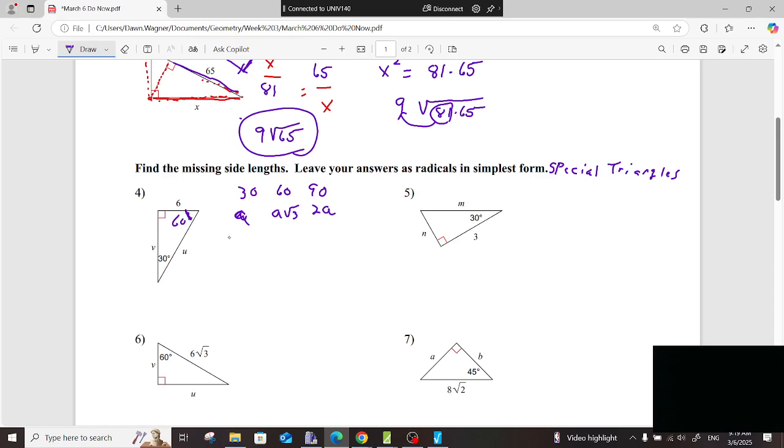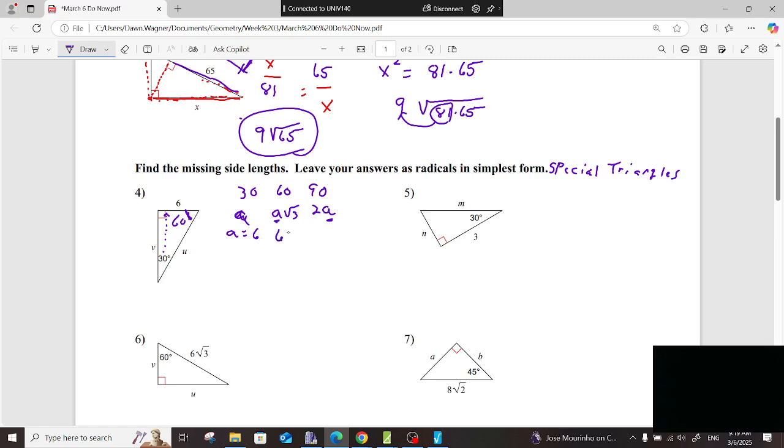So, what am I given? I'm given across from the 6, or the 30, right? Whenever you are given across from the smallest side, we can just end up substituting. You don't need to solve for anything. Here I know A already. What is A? 6. See how I have an A here and I have an A here? You just substitute 6 in.